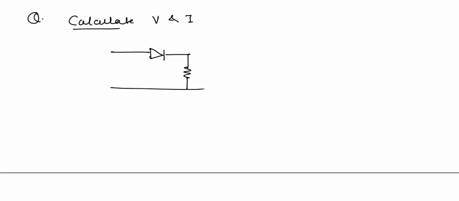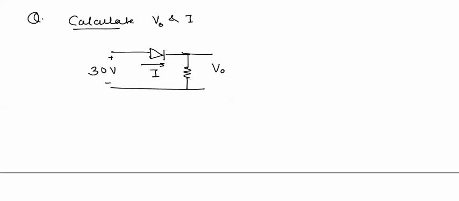Calculate V0 and I. This is V0 and this is current I. Applied voltage is 30 volts.